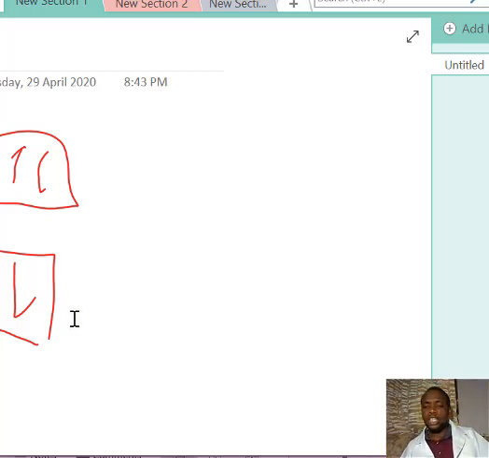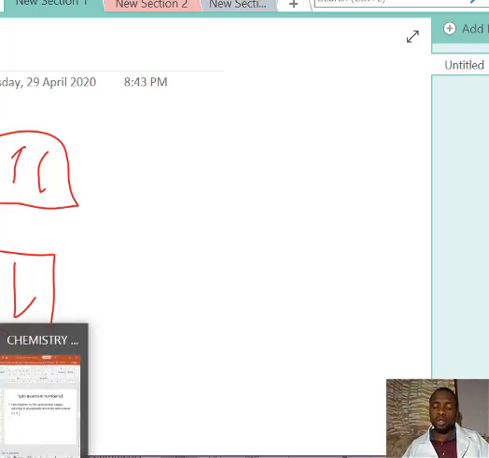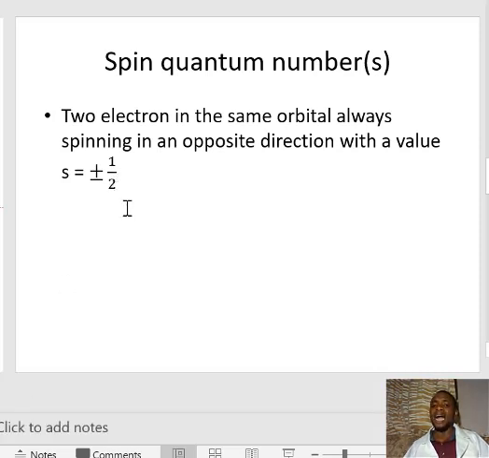So each electron, according to the spin quantum number, has a value of either plus half or minus half. That is the spin quantum number.